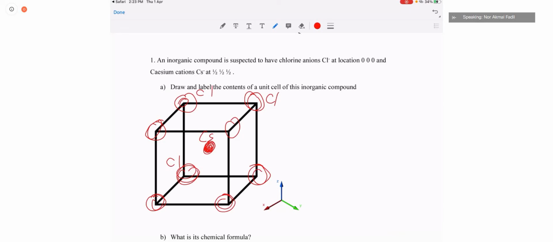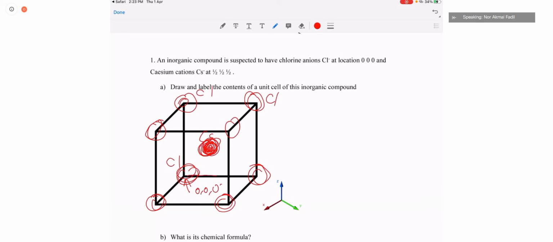So this is an example of how an inorganic compound has a crystal structure in the solid form. Chloride will act as an anion, and cesium will act as a cation, and the position of Cs is at half, half, half. How do you locate this cesium? Of course, let's say you assign this as the origin 0, 0, 0.